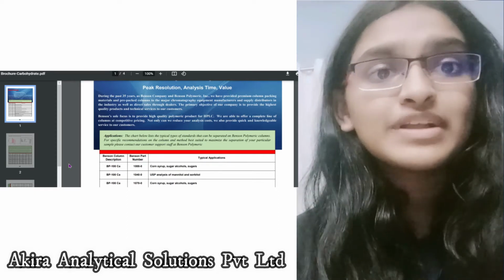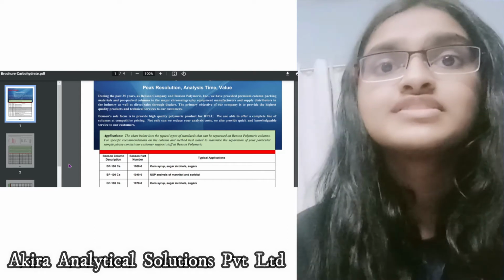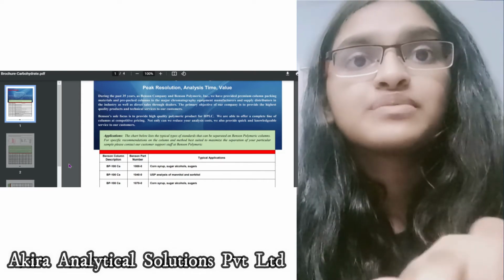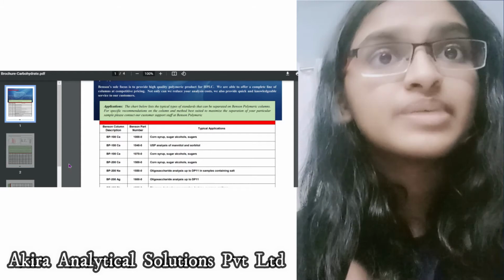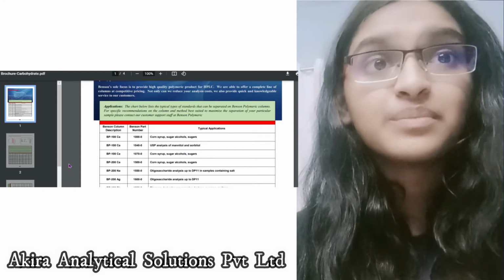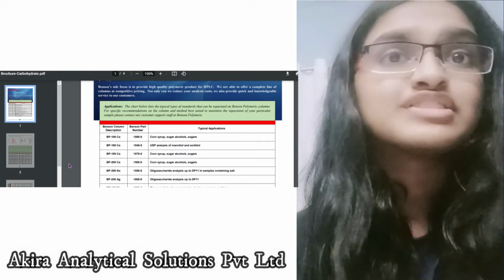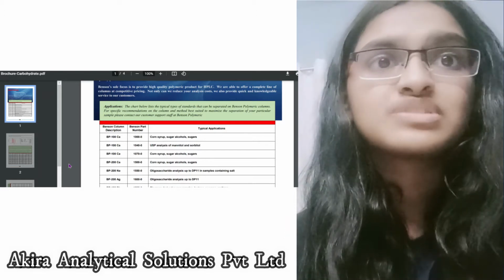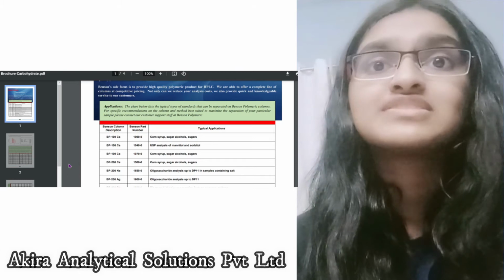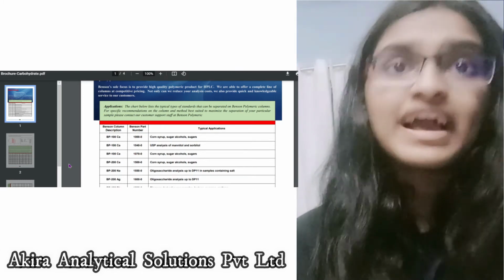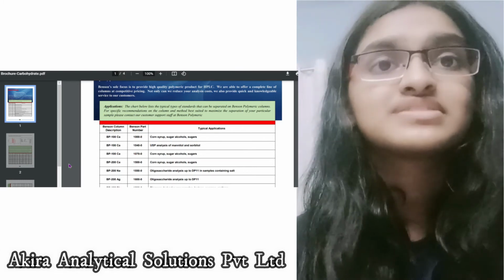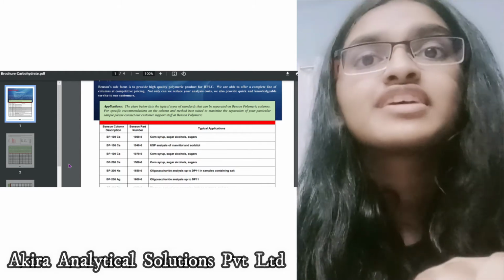Now we will be looking at applications. The chart here has the typical types of standards that can be separated on Benson Polymeric columns, and for specific recommendations on the column and best method suited to maximize the separation of your particular sample, you can contact their customer support staff at Benson Polymeric.